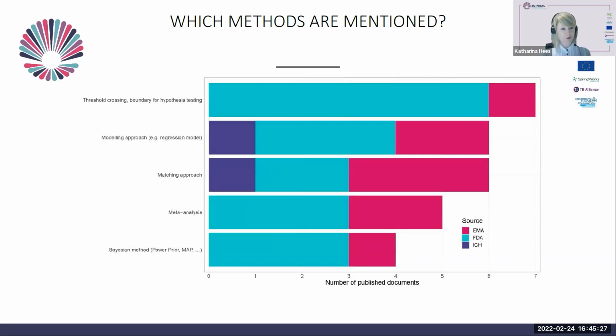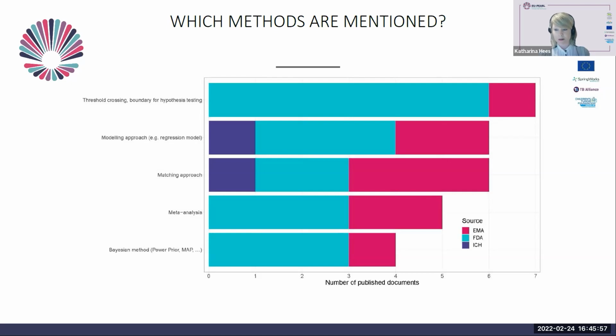Okay, next slide, please. Another question in the questionnaire was, which methods are mentioned in the guidelines? The classical methods can be divided into Bayesian methods. Most famous here are probably the MAP prior, which Marta already mentioned in her presentation, or the power prior approach.